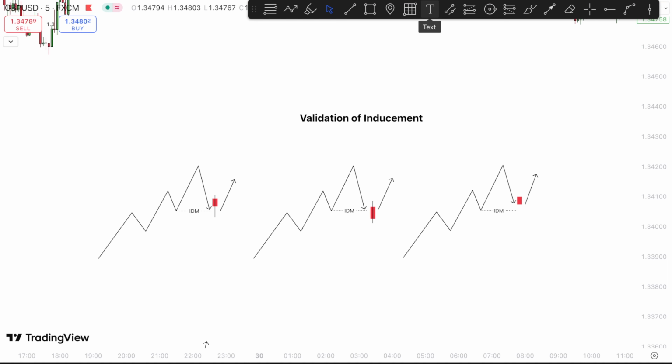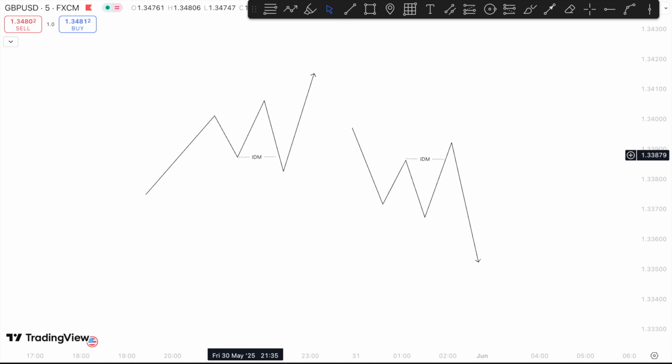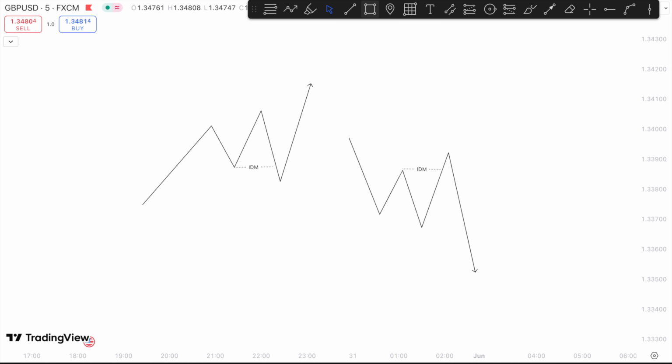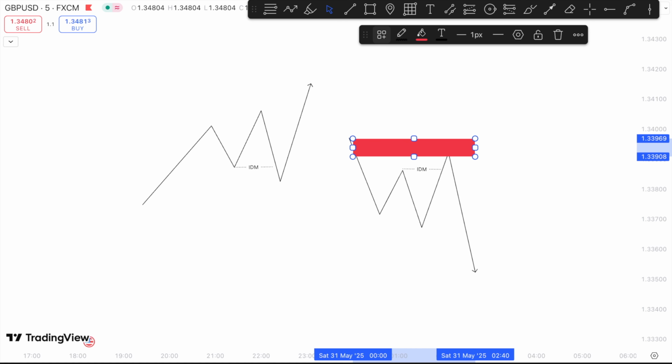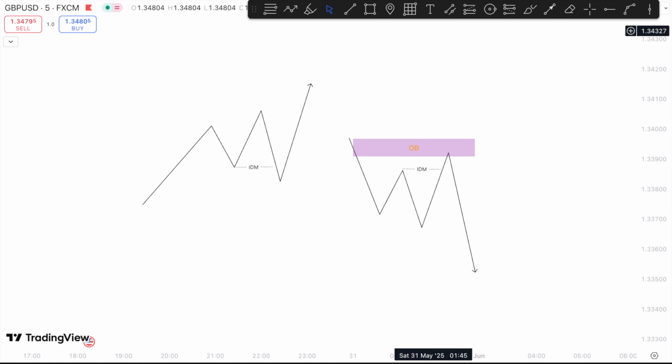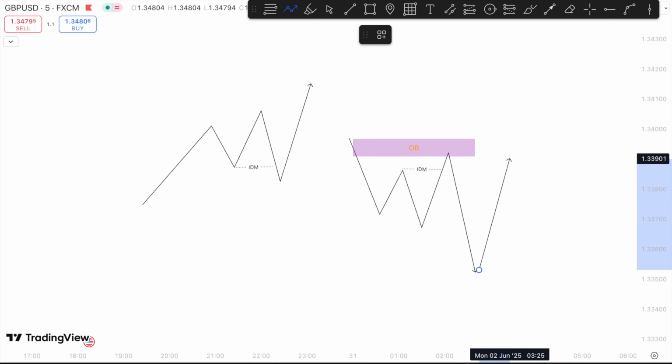For any inducement to be valid, the move before taking the inducement must have taken the previous high. After that, if we get any kind of order block over here, we can take the entry, or we can wait for the market to come to the order block that will be formed after the inducement is taken.